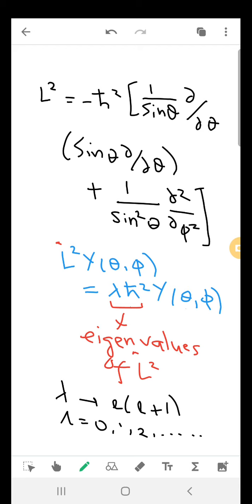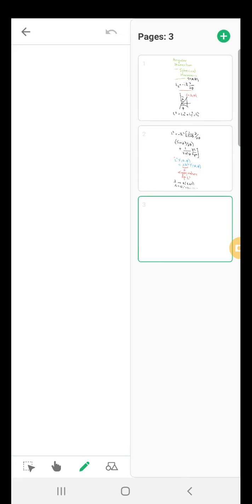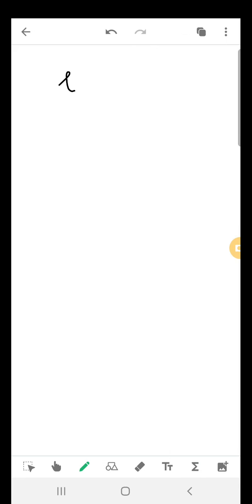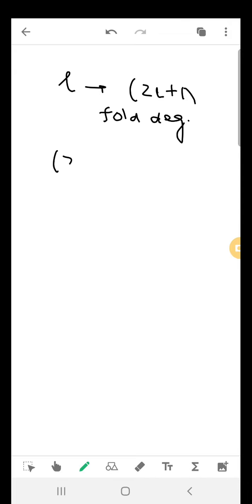And for each value of L, there is 2L plus 1 fold degeneracy. That is 2L plus 1. It implies that there are 2L plus 1 eigenfunctions corresponding to the same eigenvalue.